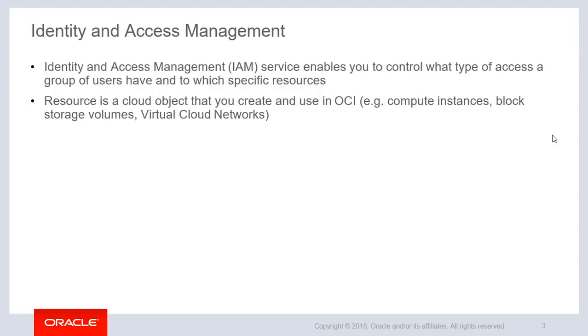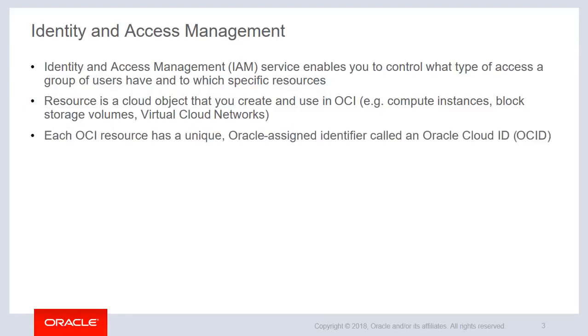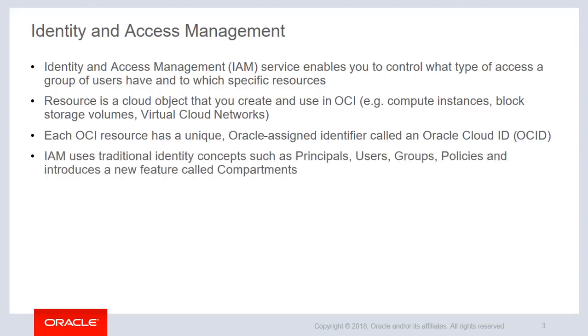These can be compute instances, block storage volumes, virtual cloud networks, basically any kind of resource you create in OCI. Each OCI resource has a unique Oracle-assigned identifier, also called Oracle Cloud ID, or OCID. This is a term which you will use and see a lot in the Oracle Cloud Infrastructure context.